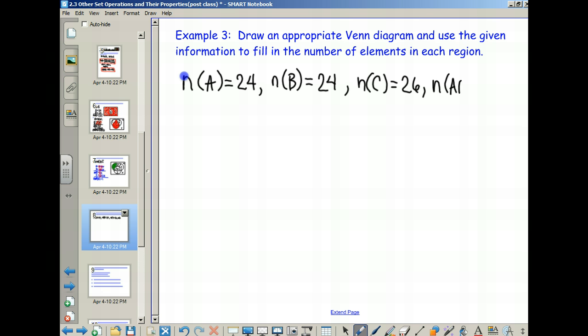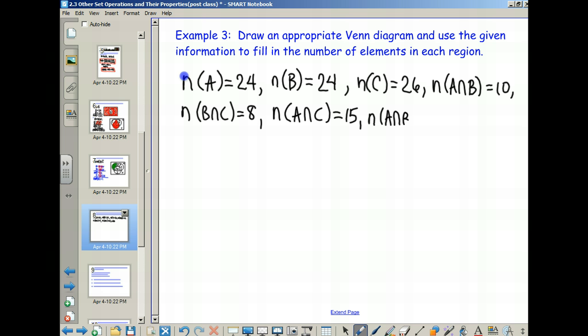N of A intersect B is 10. N of B intersect C is 8. N of A intersect C is 15. N of A intersect B intersect C is 6, and N of U is 50.